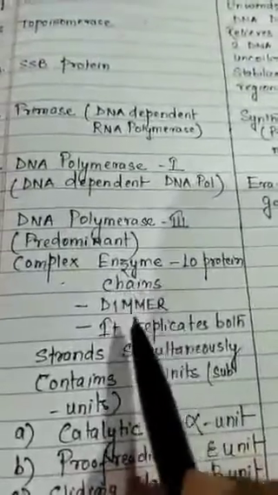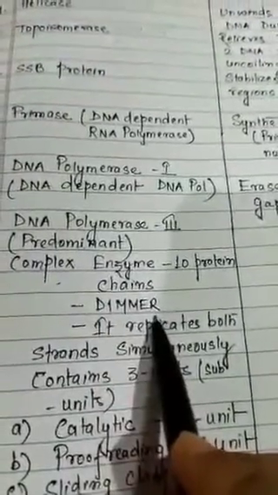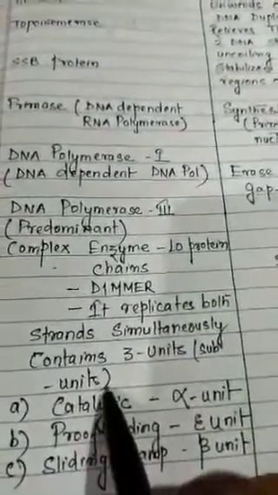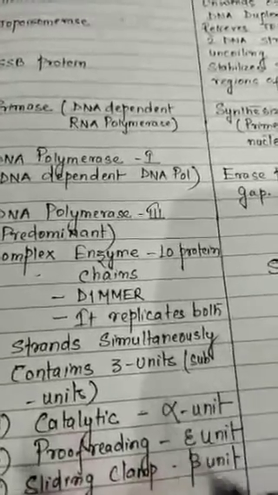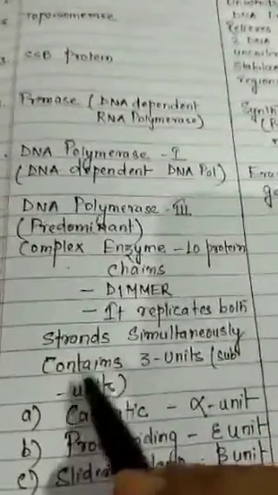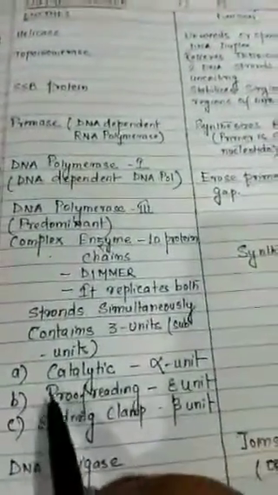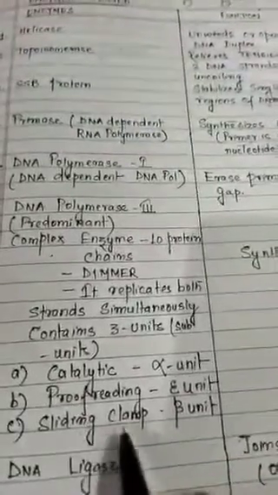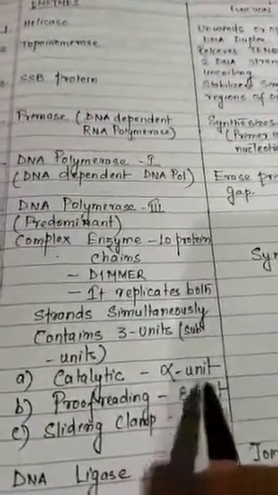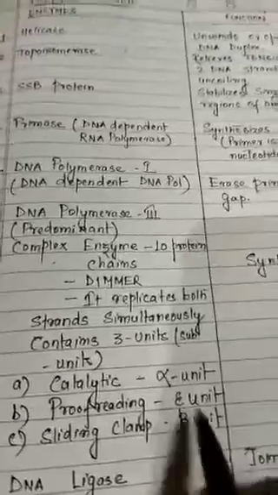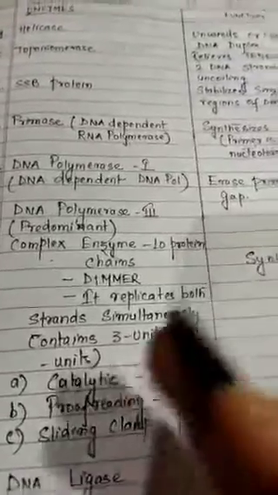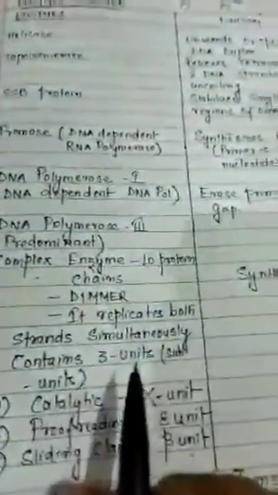DNA polymerase 3 is actually a dimer structure, and the functionality of this enzyme is that it replicates both the strands simultaneously. It consists of 3 basic units: catalytic unit, proofreading unit, sliding clamp. You can also call them alpha, epsilon and beta units. These will all be discussed when the structure of enzymes is dealt with.